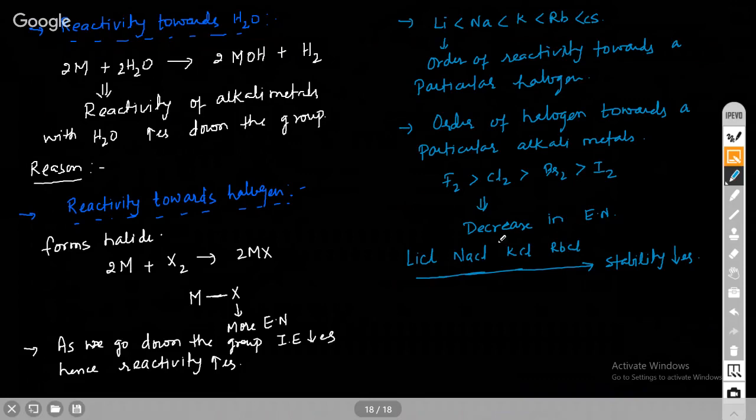Size of cation is increasing and hence the stability is decreasing. Bond length will be more. That's why the stability is less. Okay?